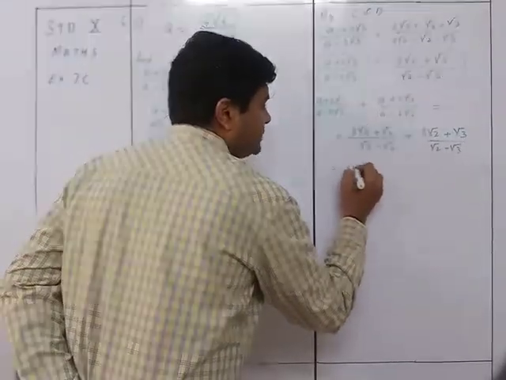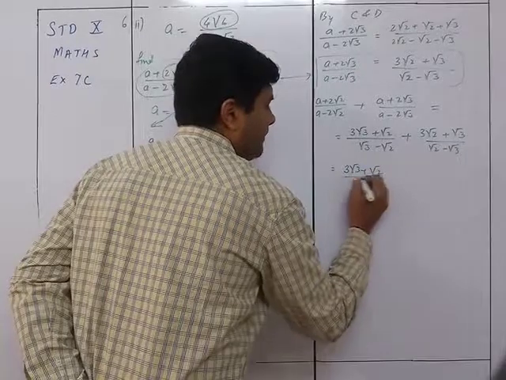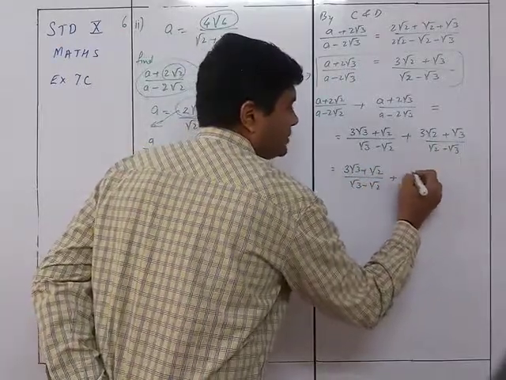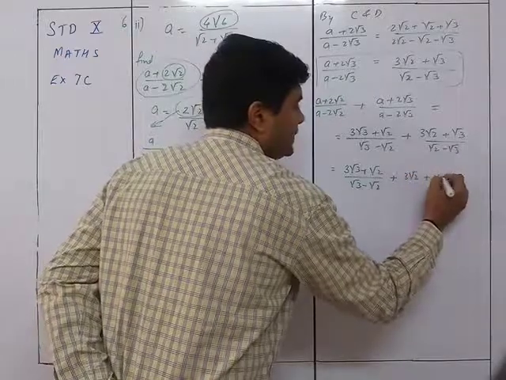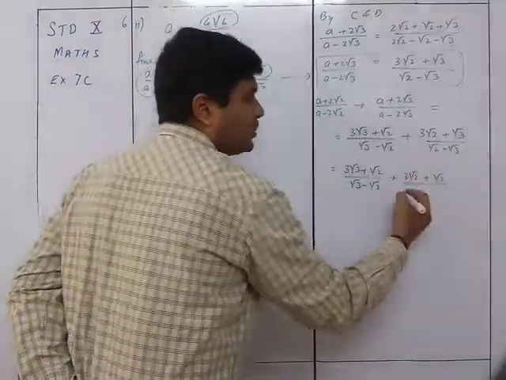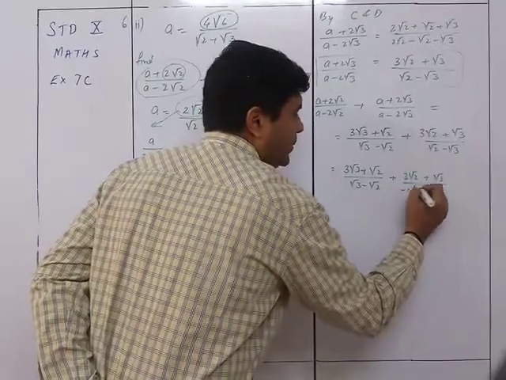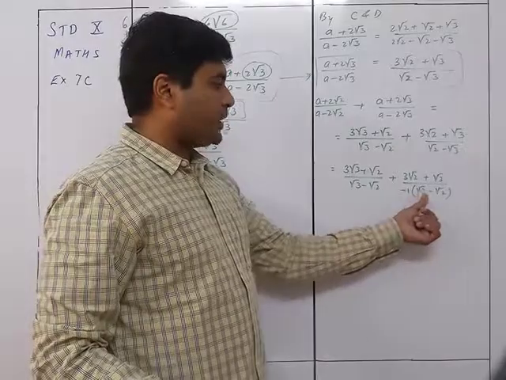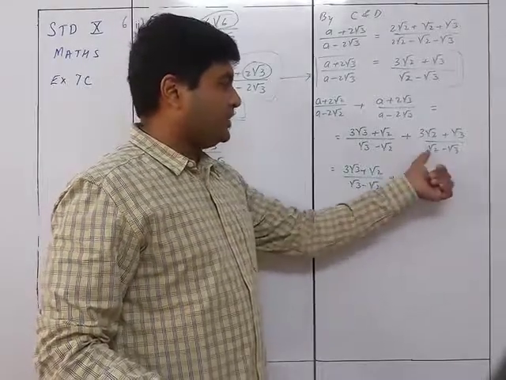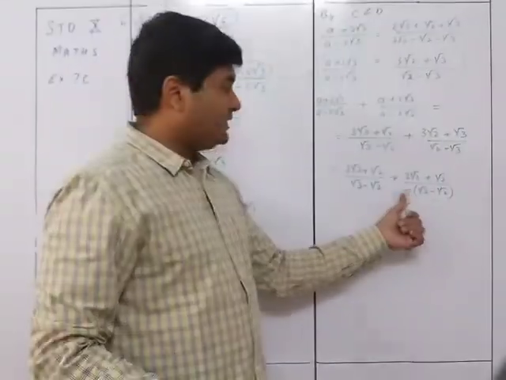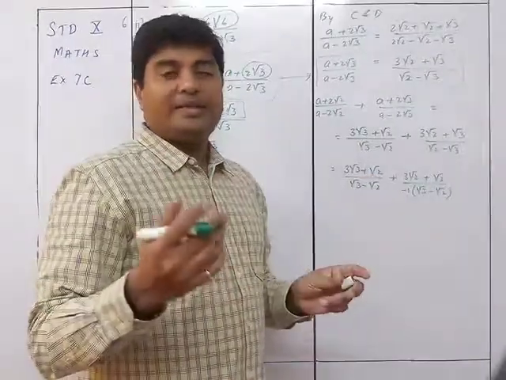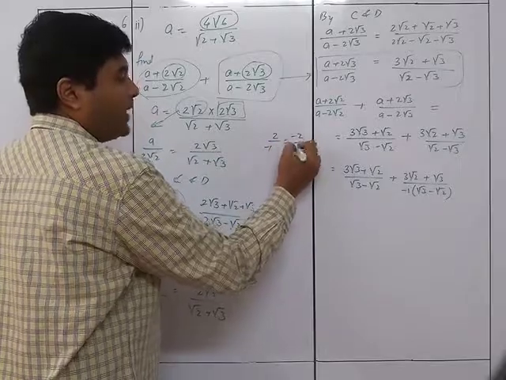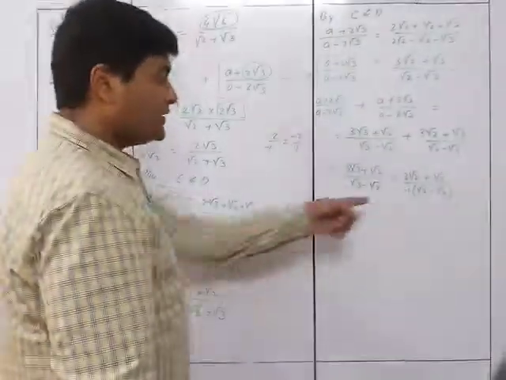So it is 3 root 3 plus root 2 upon root 3 minus root 2 plus 3 root 2 plus root 3, and then I'm taking minus 1 outside, so it will be root 3 minus root 2. See, minus 1 I'm taking outside, so this will be minus root 3, and minus plus, so it is plus root 3. So exactly it's the same thing. Now this minus can go up also, because whether I write over here 2 upon minus 1 or minus 2 upon 1, it's one and the same. So that is what I'm using here.